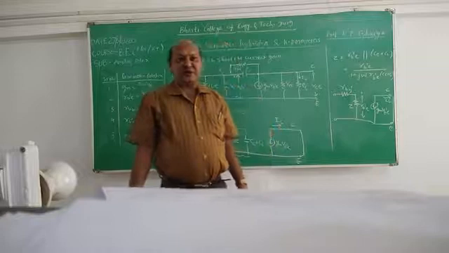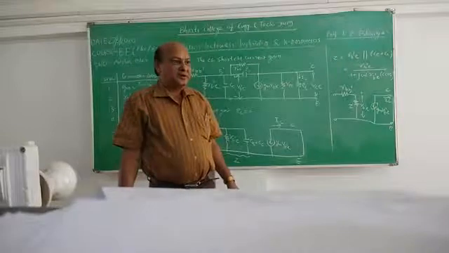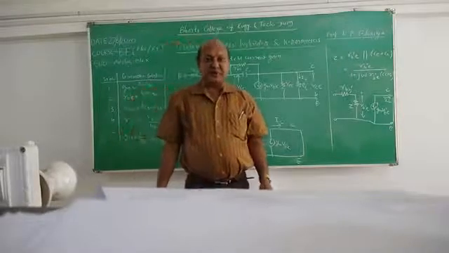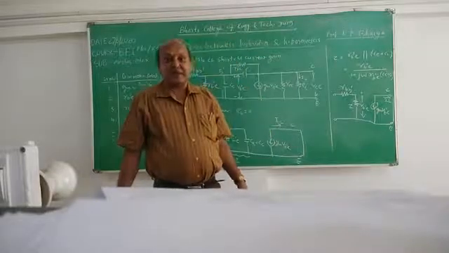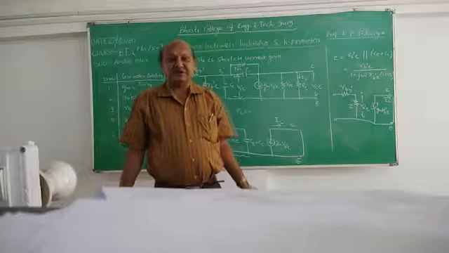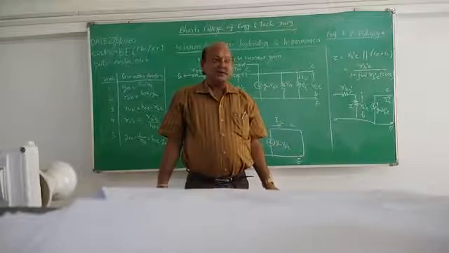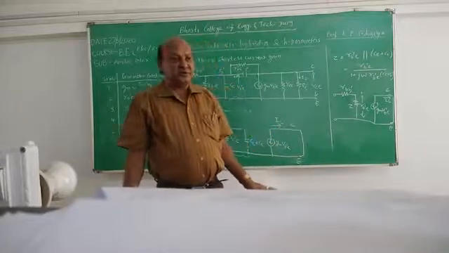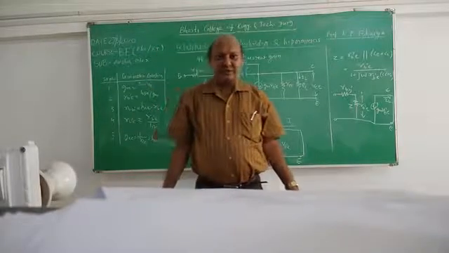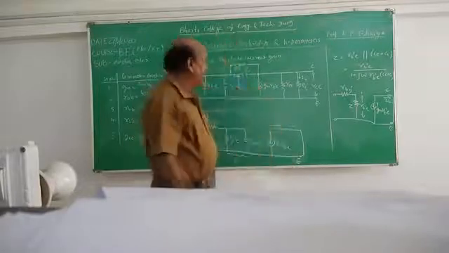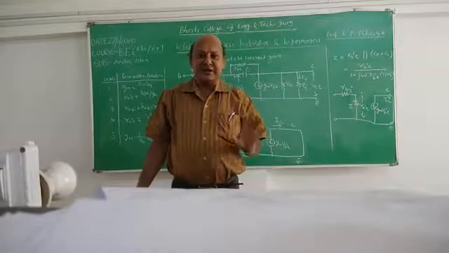One of the important things in this hybrid pi model is the relation between the different frequencies, that is the beta cutoff frequency, alpha cutoff frequency and transistor frequency: F beta, F alpha and FT. These are all related with the common emitter short circuit current gain AI. Today we will discuss these three relations and their derivation.